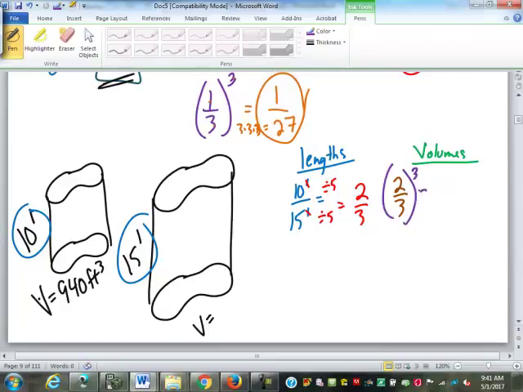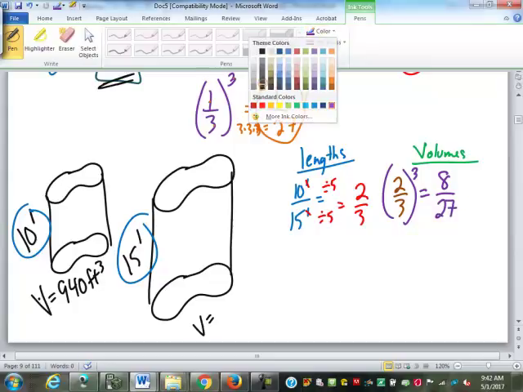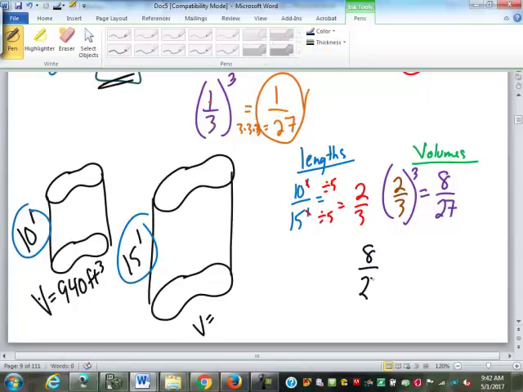Cubed. What is 2 cubed? Careful. 2 times 2 times 2. 8. There we go. 3 cubed? 27. So our ratio of volumes is 8 to 27.